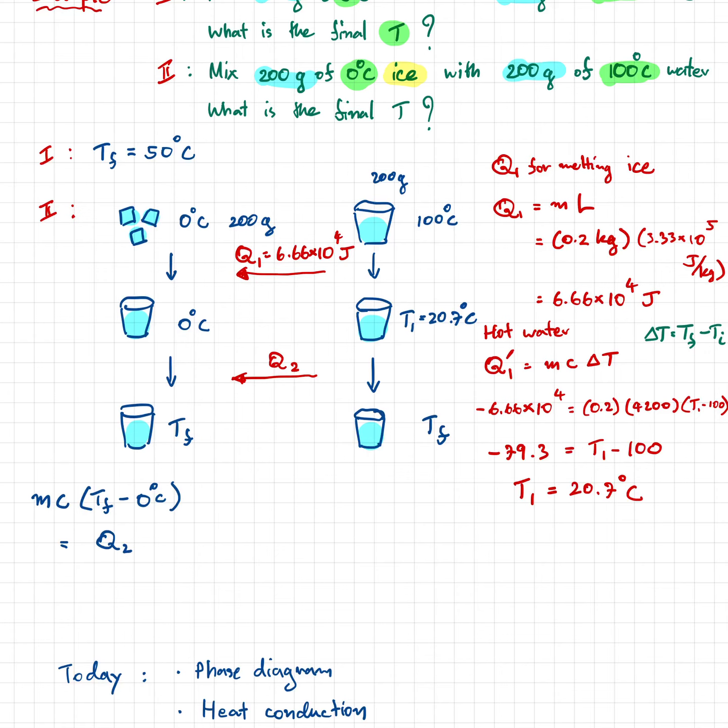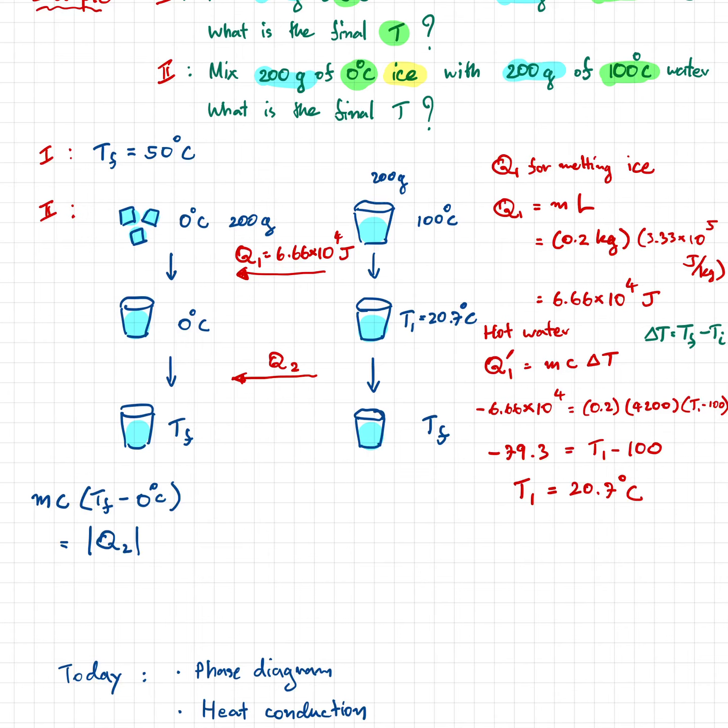We know that Q2 must be positive, flowing into the left-hand side, because it's getting hotter. So to make everything absolutely clear, I'm going to put an absolute value sign here to make sure that it's positive, so that we are not confused about the sign of Q. Okay, so that's for the left glass of water.